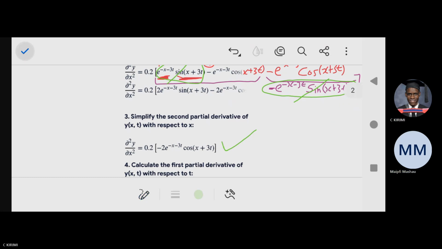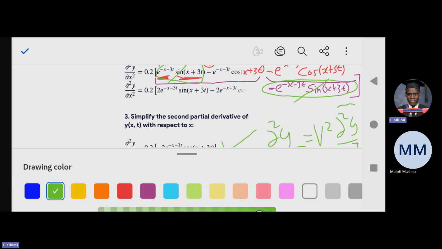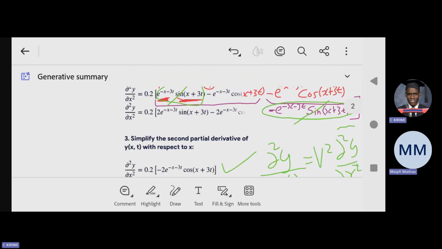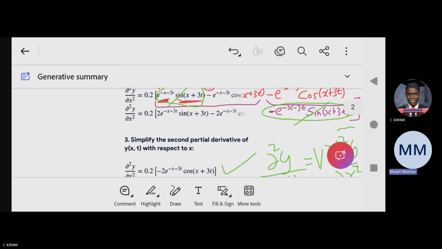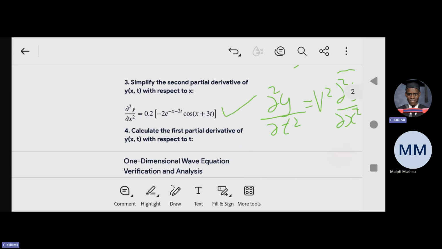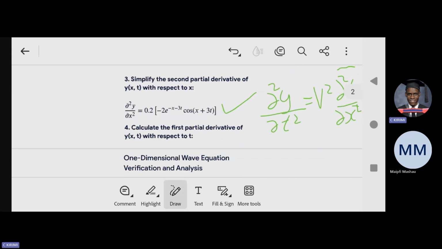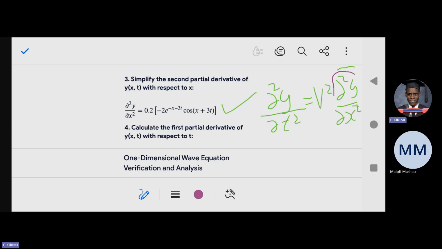Now we want to look for the second one. So what is the v squared? The v is to be the constant. So any number that will be left hanging, that will be our v. So don't worry about the v.